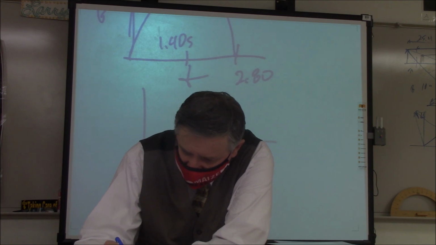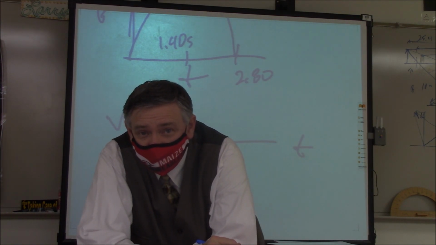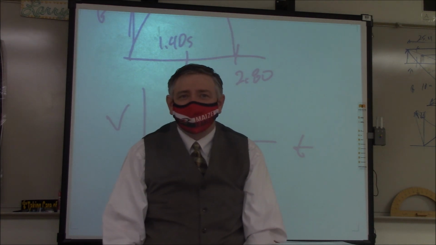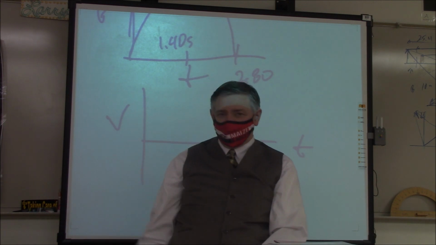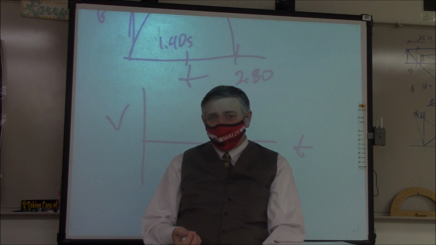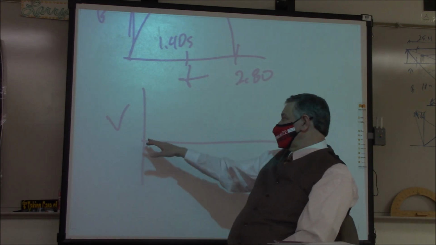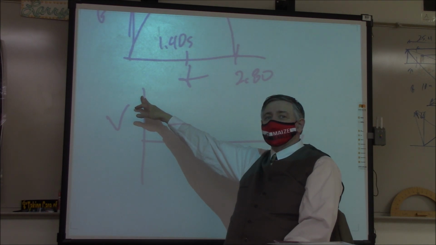Kara, what's my velocity-time graph going to look like? Slowing down at the beginning, and then it speeds up on the way down. Okay, I'll explain it. We're going to look at it from the point that I let go of it until it returns to my hand. So is it going to start at 0, or is it going to start up here at some positive value? It starts at 0.